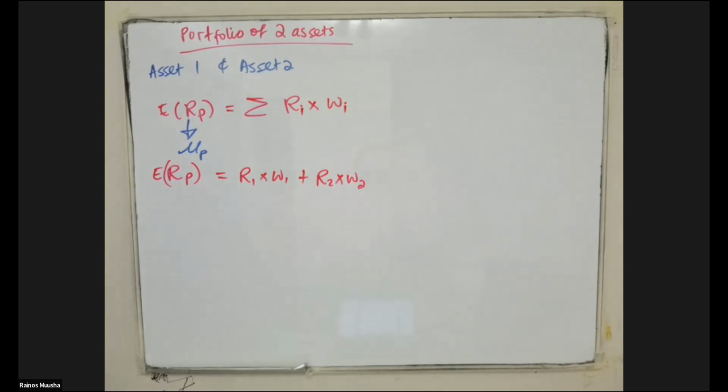So this will give you the expected return of a portfolio which is made up of two assets. Are we together?